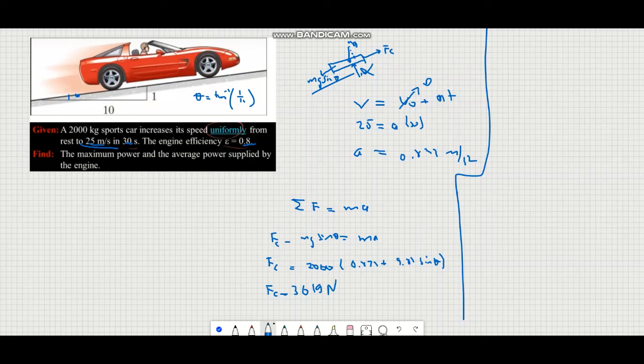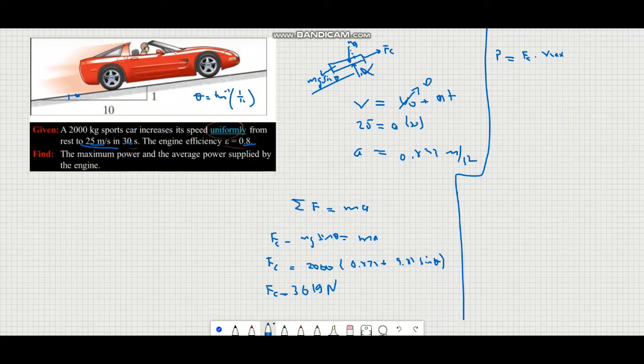Okay. From our power findings, we know that the power is the force of the car multiplied by the velocity of the car, which is the maximum velocity, let's say, for the maximum power.